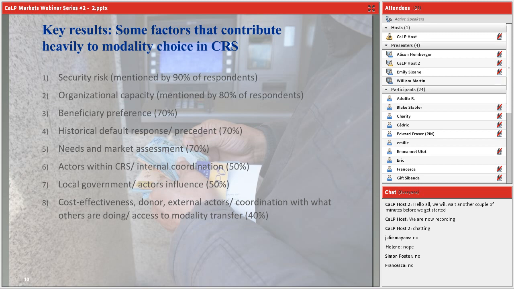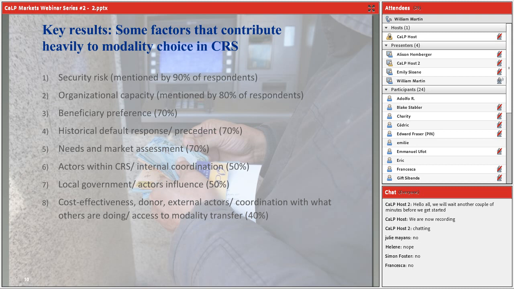That's where they utilized the most appropriate modality available. So it doesn't mean that you need to always have your staff staying in country. You can hire this capacity and have surge teams as well, which could be quite effective. But it's important to note that a program may be less likely to use an appropriate cash-based response if they are not sure they will be able to implement it in the future.